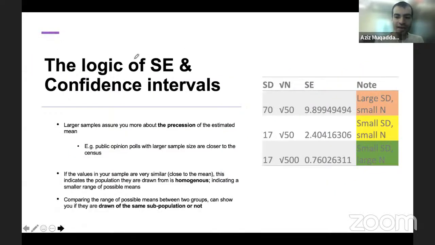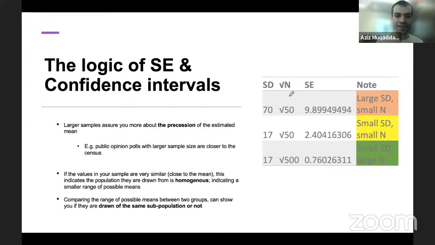Now, why do we care about all of this, right? If we want to see, for example, how something could be predicted. We mentioned opinion polls, right? If you want to see how people would vote, remember that if you have a larger sample, the average scores in your poll would be closer to what the election results would end up being, right?